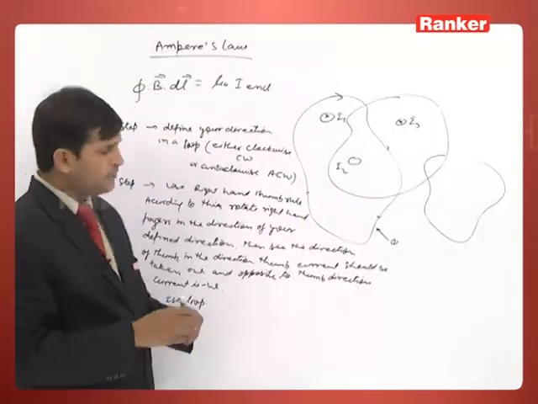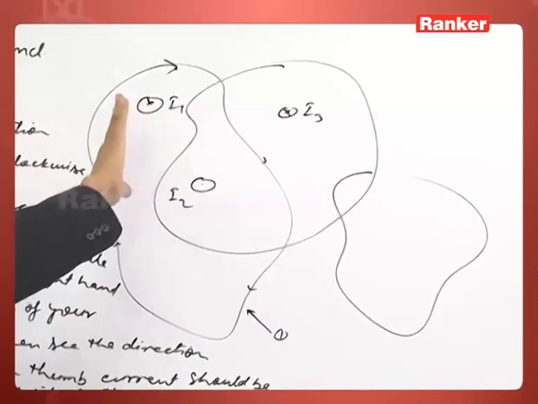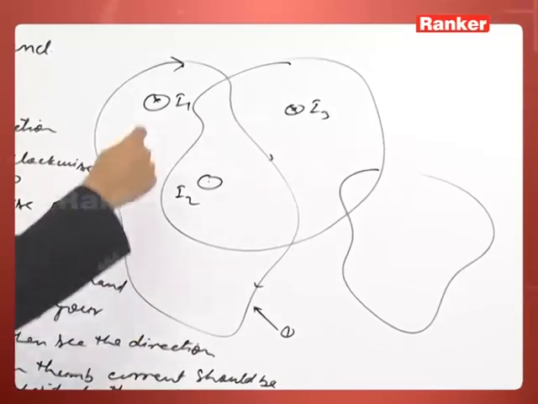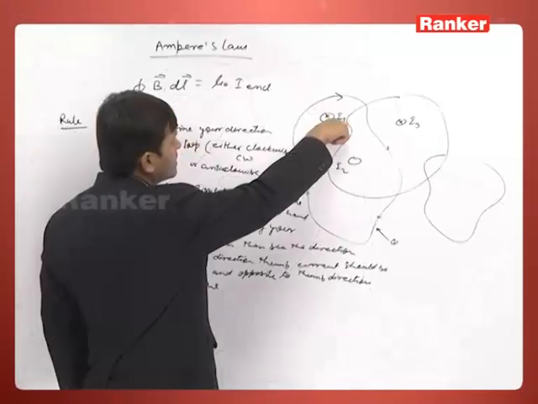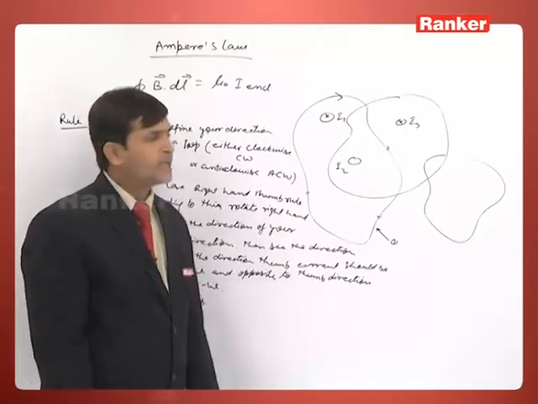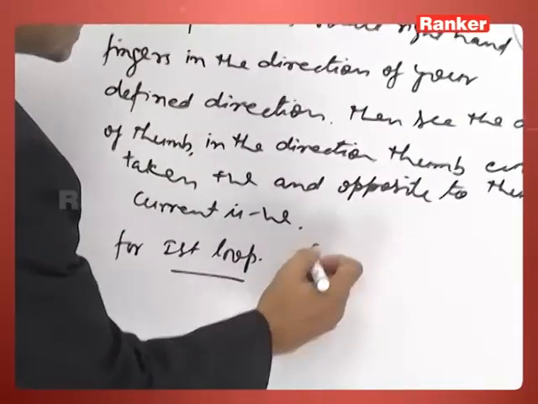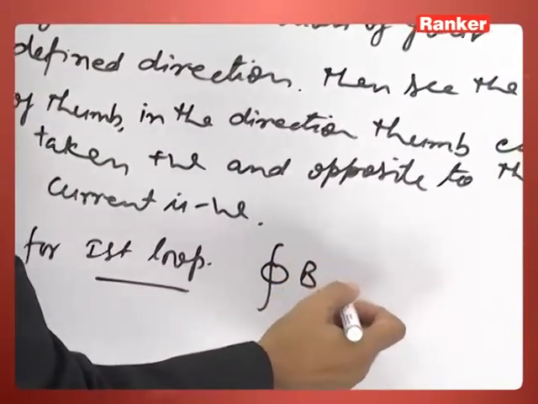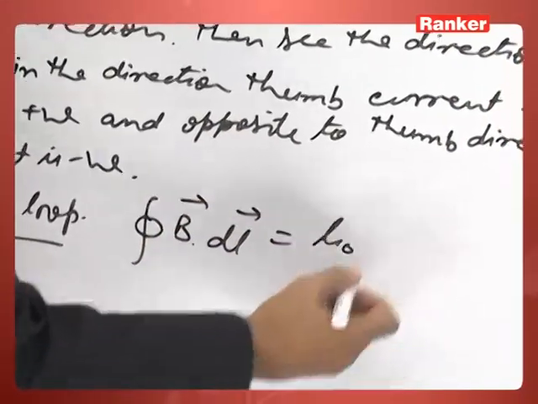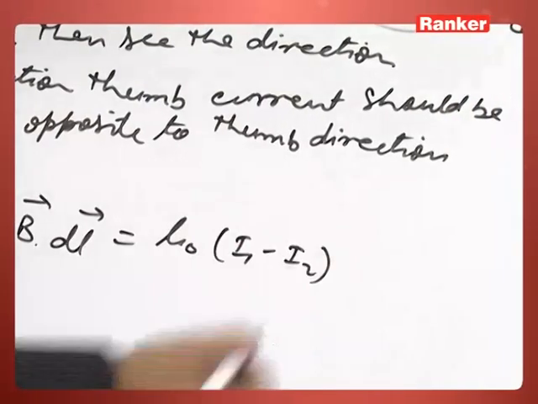If we are moving clockwise like this, our thumb points into the plane of the board, so I1 is in that direction and should be taken as positive, and I2 is opposite to that, so it should be taken as negative. So for the first loop, we will write B dot dl is equal to mu naught (I1 minus I2).